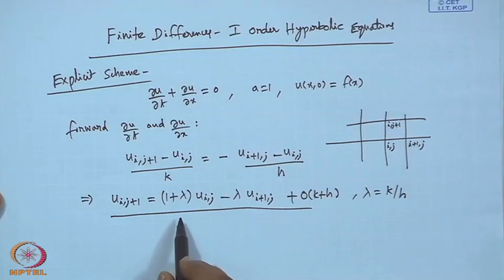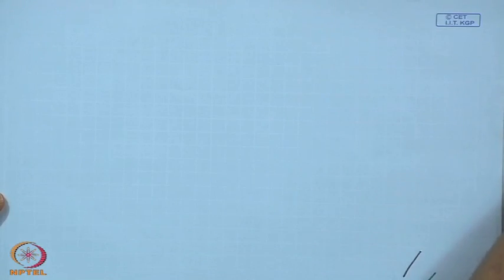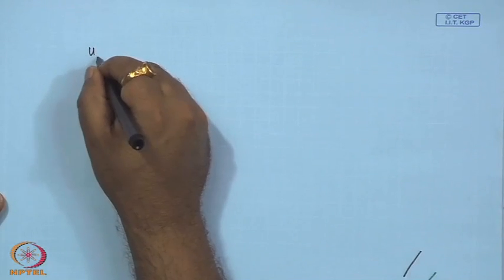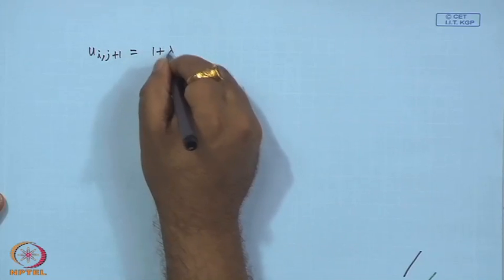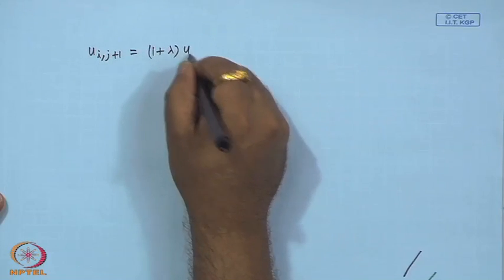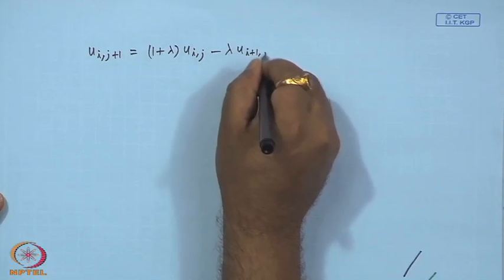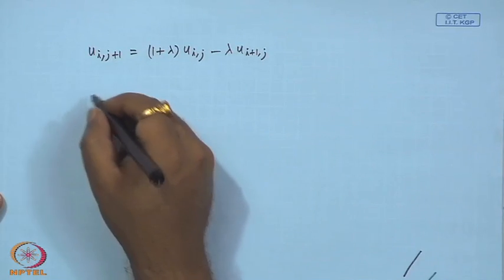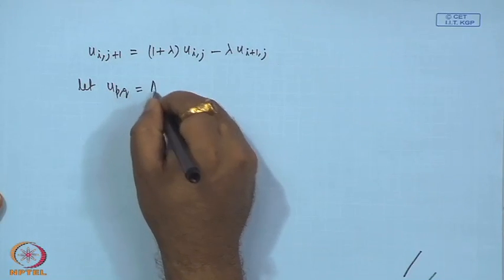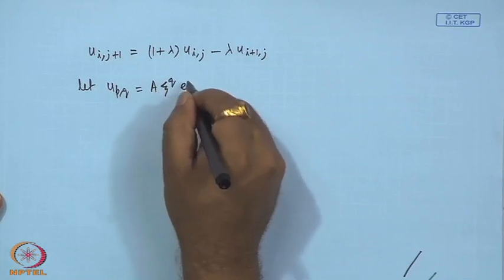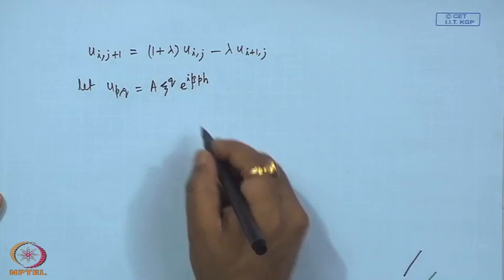Now let us try to see the stability aspects of this. We have u_i,j+1. Let u_p,q equals zeta to the power q times e to the power i beta p h.